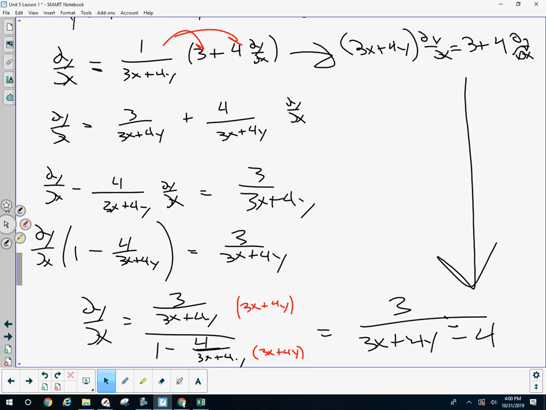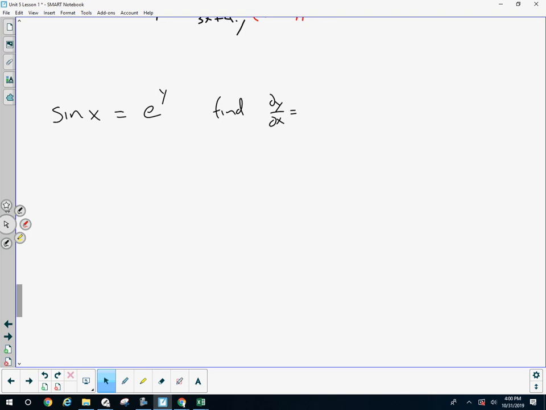All right, so logs, last unit. What else did we do last unit besides logs? E's. Might as well throw an e to the x in here. What's the derivative of e to the x? So what is the derivative of e to the y?